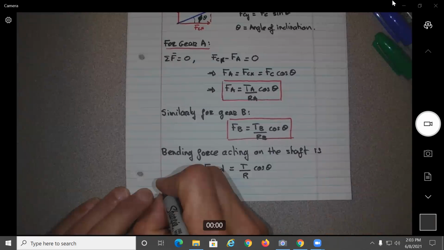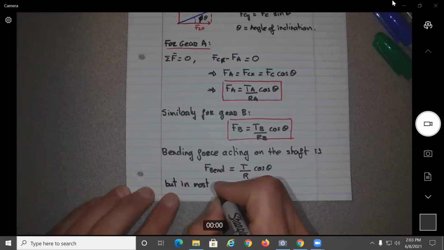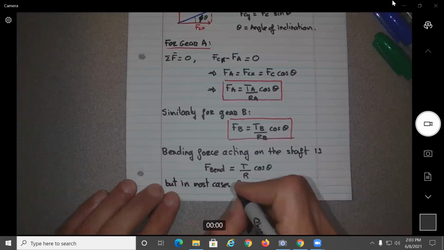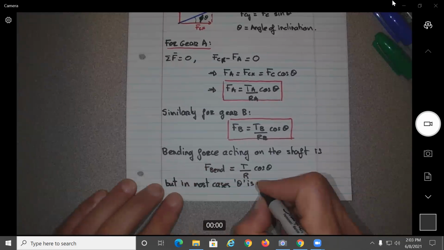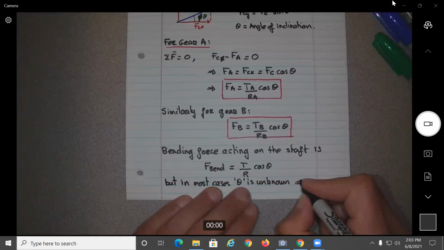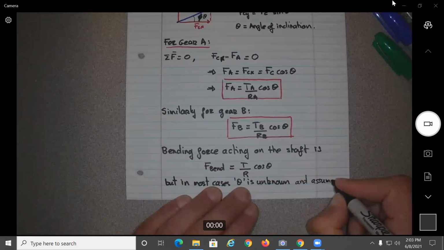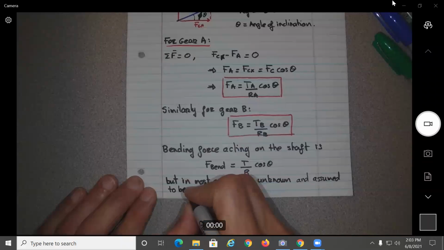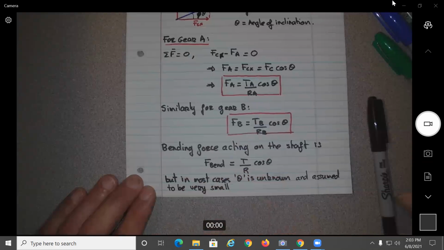But in most cases, the angle of inclination is unknown and assumed to be very small.